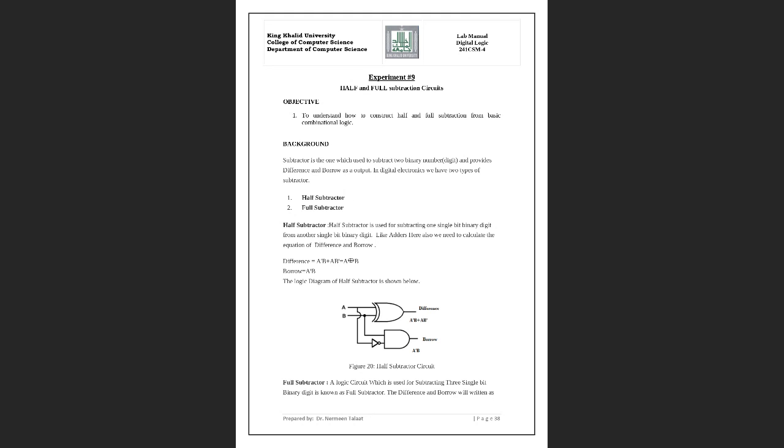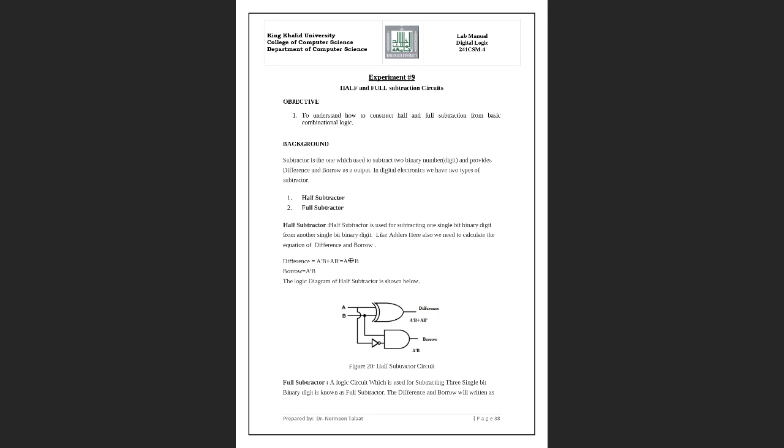The difference is A dash B plus A B dash, which is the XOR function, so here also you require an XOR gate. A XOR B gives the difference, and borrow is A dash B, that is A bar AND B.